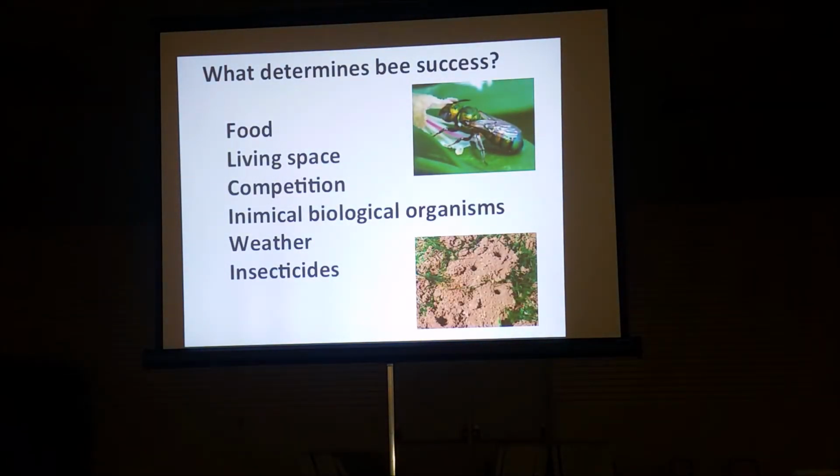So, what determines bee success for you? Here's what I think all of us need to think about as gardeners. What determines any insect's success, first, is food. The second thing is living space. In other words, is there a place for them to make a home?